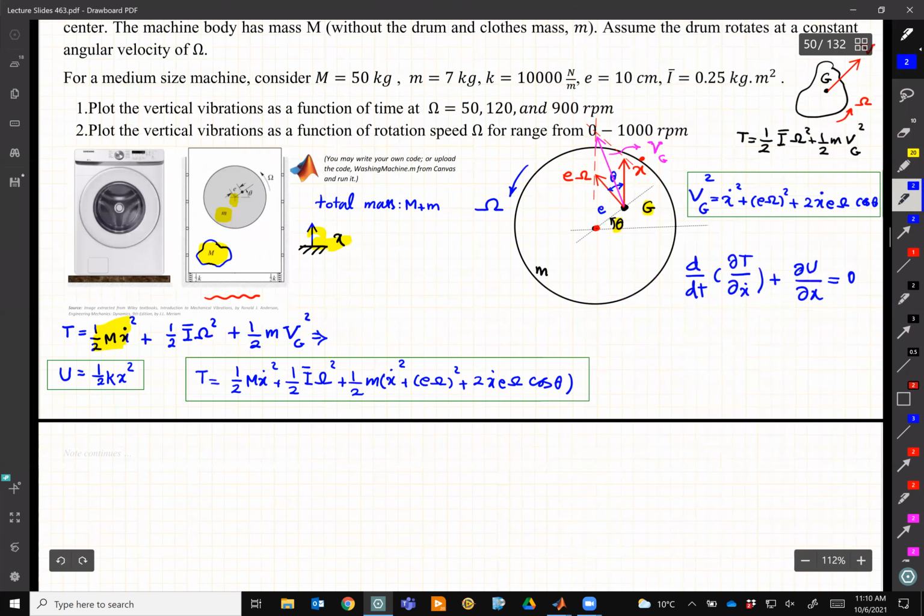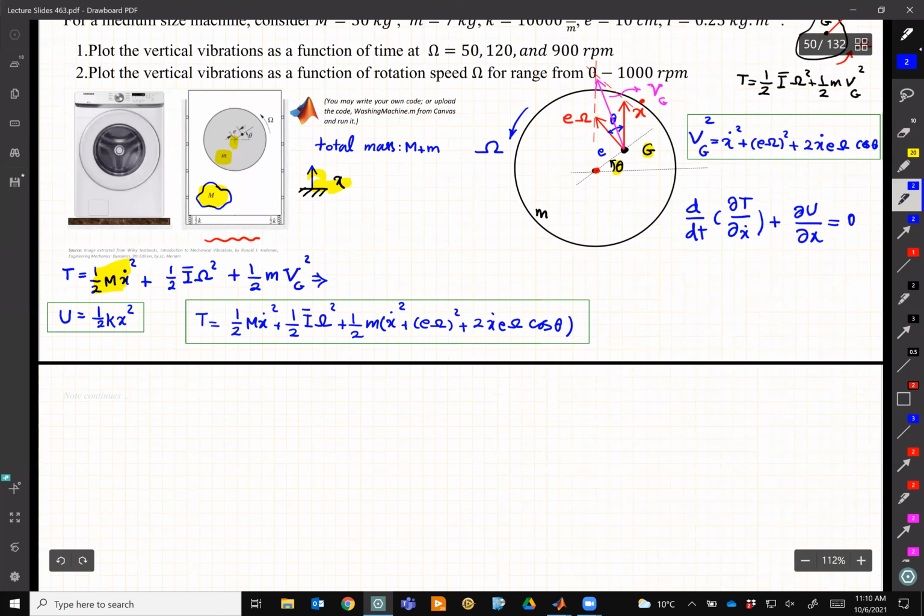Okay, let's quickly do the derivative. Derivative of T with respect to x dot. With respect to x dot, I'm going to have m x dot. I don't have x dot over there. Then I'm going to have another m x dot here. And what else? Plus 2 e omega cosine theta.